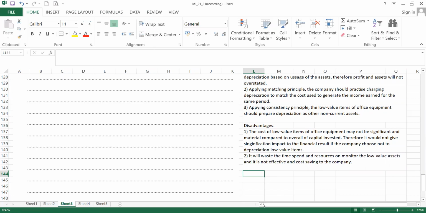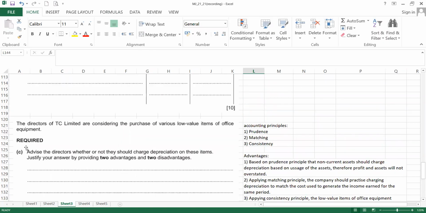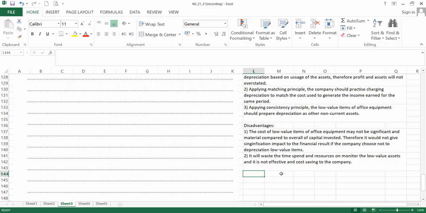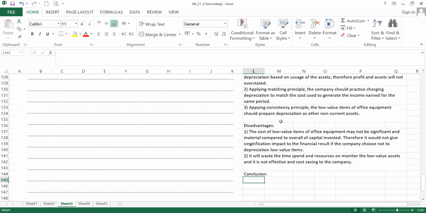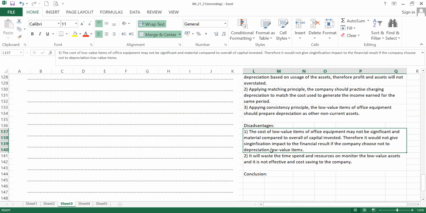So now, next, always remember, nowadays the question always asks you to give advice. Advice means that you need to make a conclusion. So what is the conclusion that you can make? Conclusion or suggestion that you can make. So personally, we should monitor it if we want to support the advantages. If the value is insignificant, I would suggest not to monitor it because it's a waste of time.